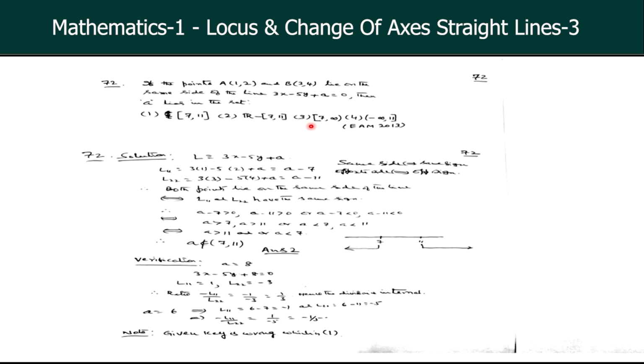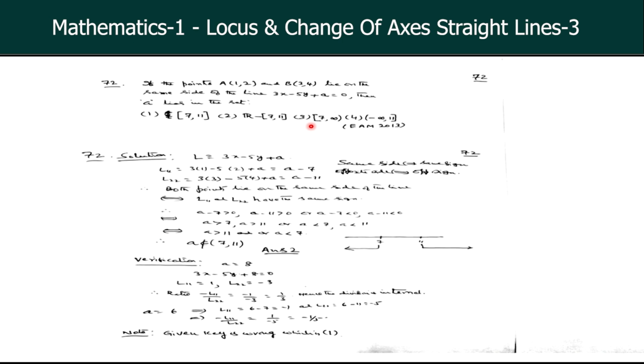Two points x1, y1 and x2, y2 lie on the same side of a straight line L equal to 0 if and only if L11 and L22 are of the same sign. They lie on opposite sides if L11 and L22 are of opposite sign. So please remember: same side, same sign; opposite side, opposite sign.